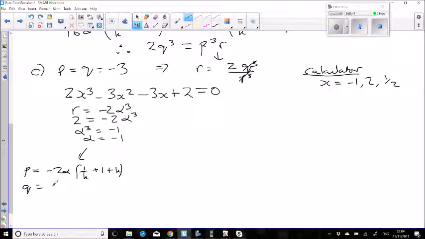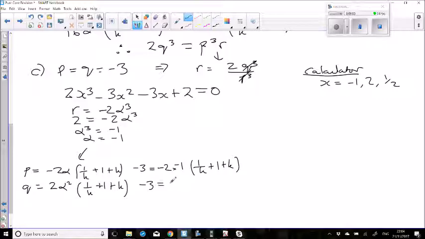We've got q equals 2 alpha squared plus 1 plus k. Then p and q are both -3, so -3 is -2 times -1, 1 over k plus k, and here -2 equals, so we've got 2 times 1, 1 over k plus 1 plus k.